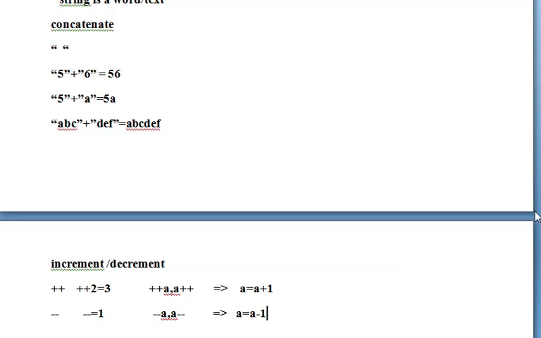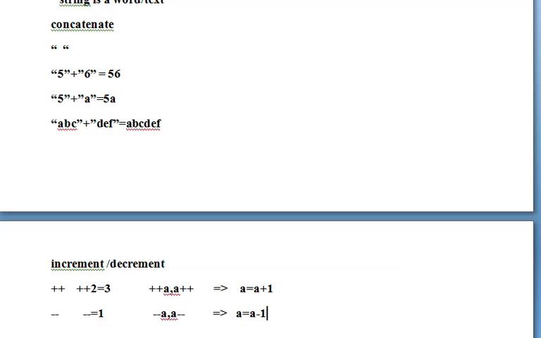Now what is the prefix notation? Pre means पहले, post means बाद में. So prefix means we first increment the value and then print or use the value. And postfix means we first use or print the value, then we do the increment.